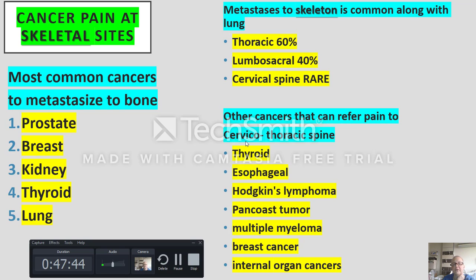So when you get cervical thoracic spine pain complainers, testing or screening for cancer is going to be a big deal. All can refer pain to the cervical thoracic spine.